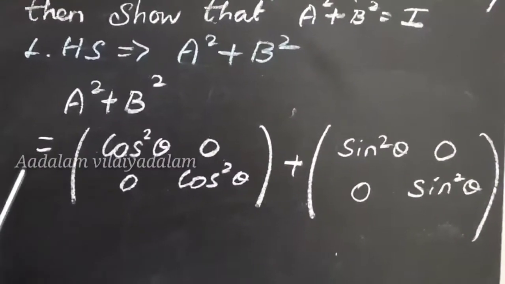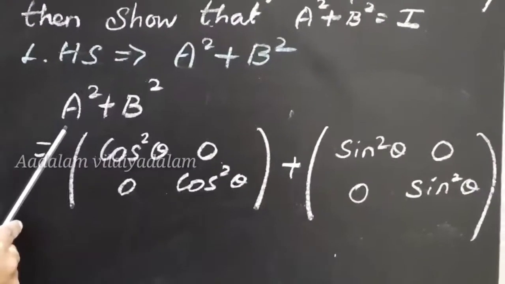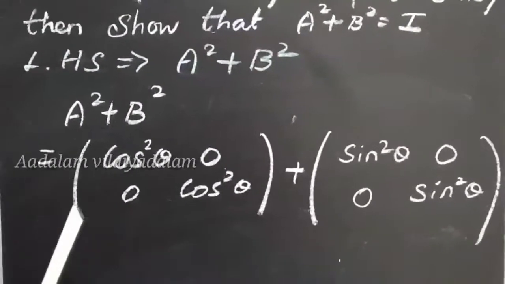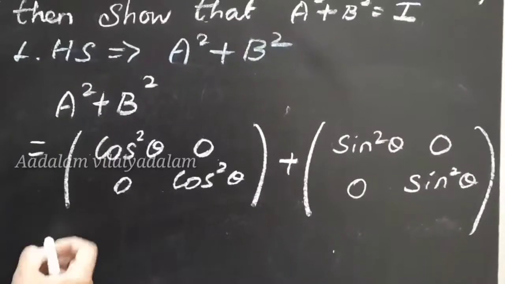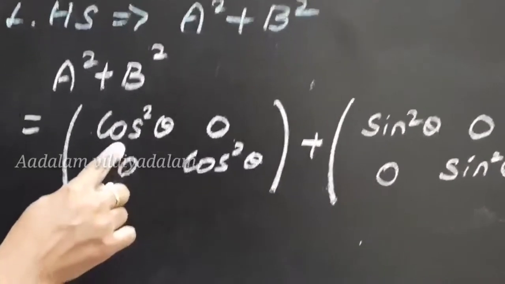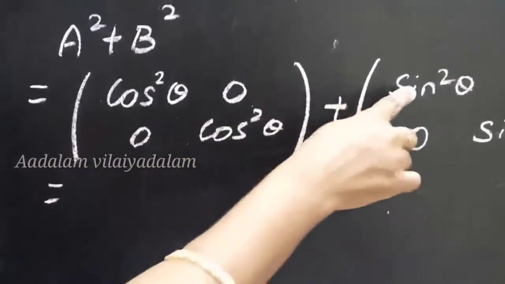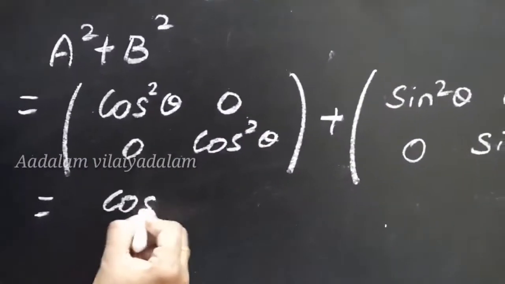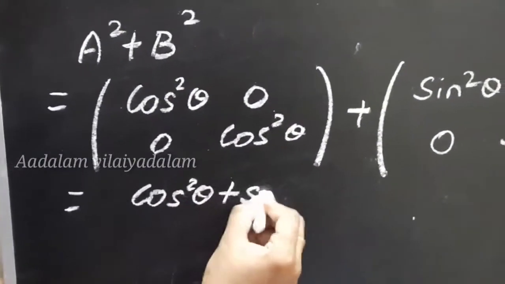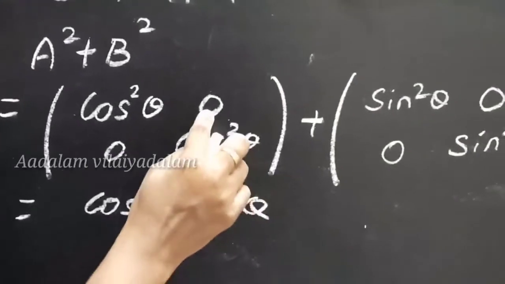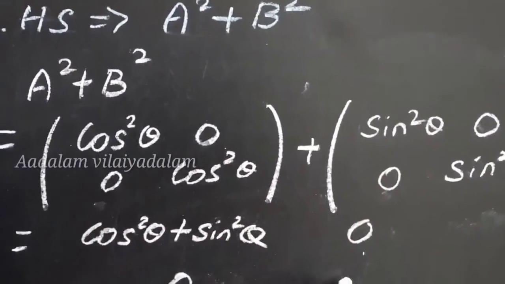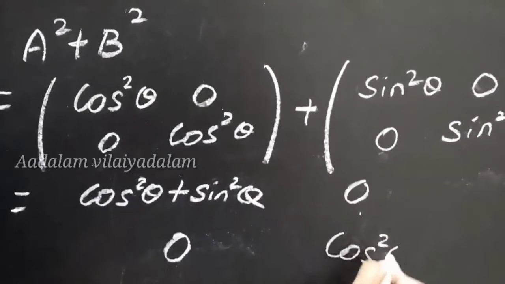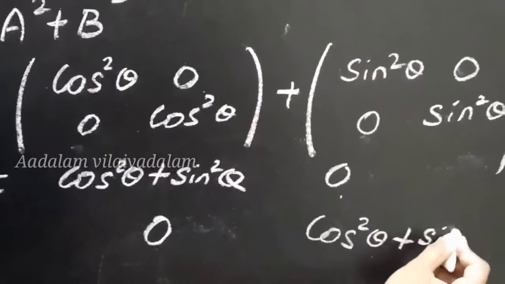So next we have to find the sum of A square value plus B square value. So this is A square answer plus B square answer here. So add the values: cos square theta plus sin square theta, the first one. Next 0 plus 0, 0. Here also 0. Here cos square theta plus sin square theta.